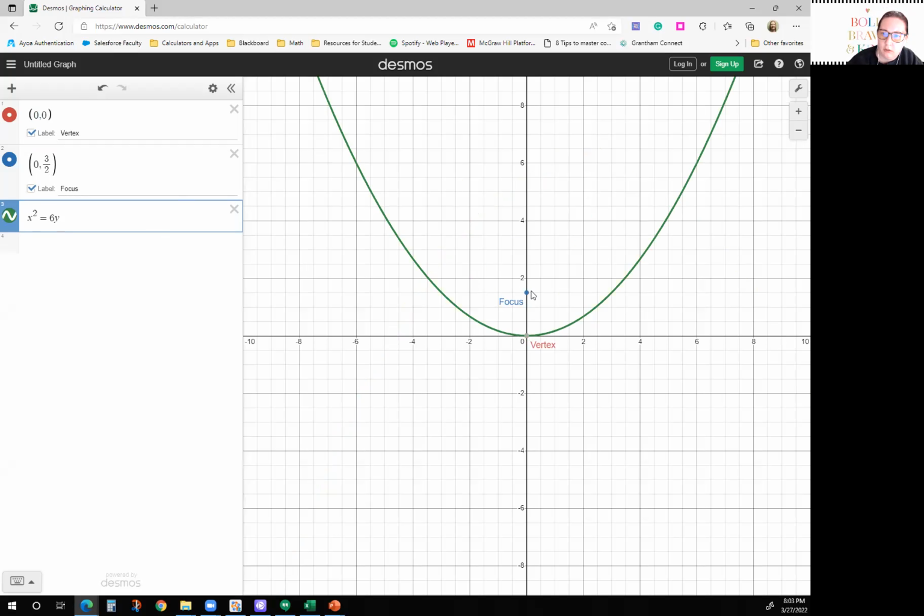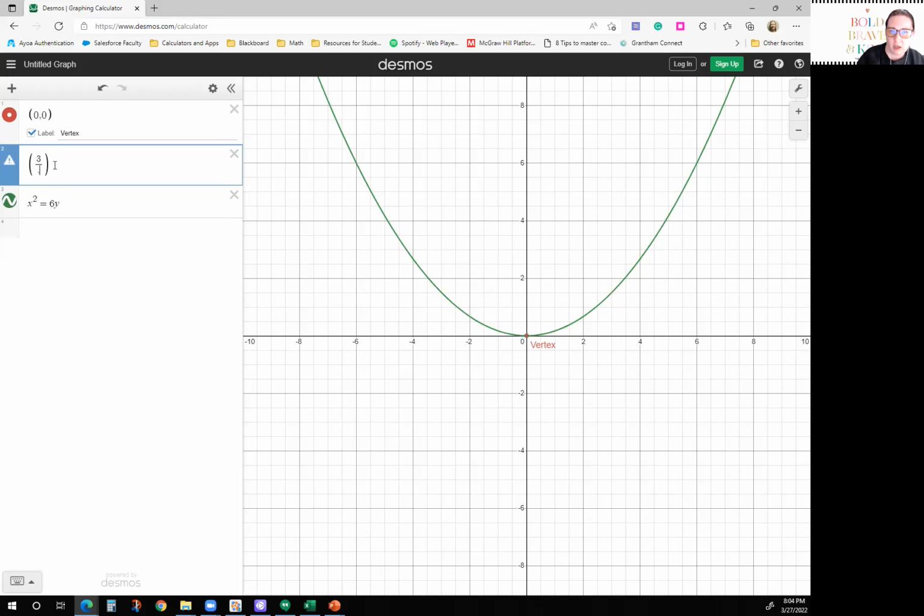And so that matches the drawing that I had. Assuming that your drawing is correct, then you can kind of check yourself. It's a little harder if you have to make the drawing yourself to make sure that you have it right, because you have to trust that you have the correct drawing. So then it's focusing more on, okay, if I'm given the focus and the vertex, does it have the right shape where it needs to be? Like when I was first doing this problem just on my own in my head, for some reason, I was thinking it was 3/2, 0.